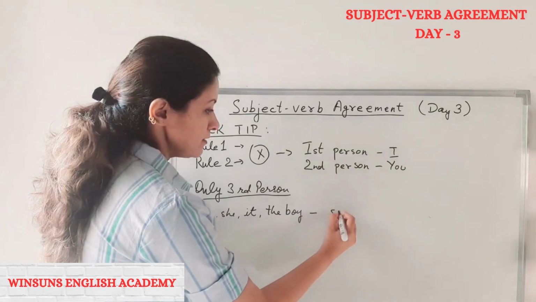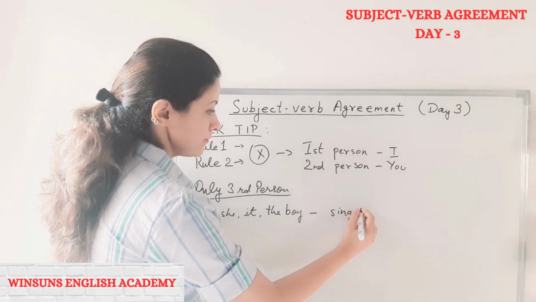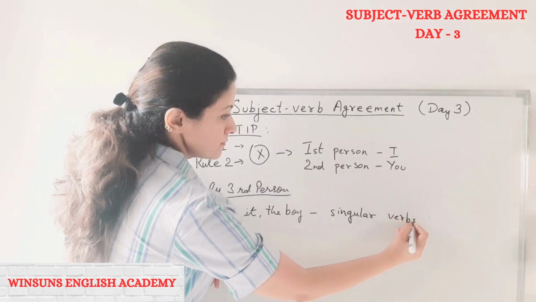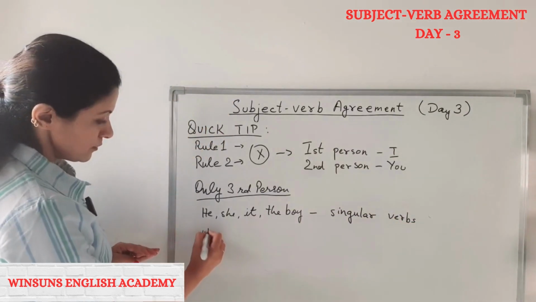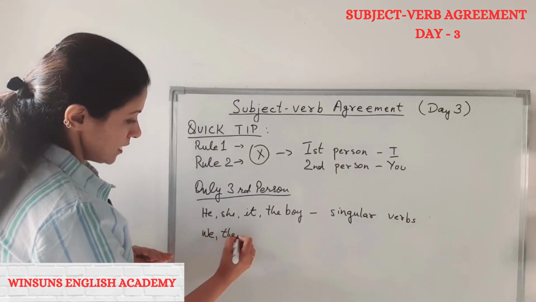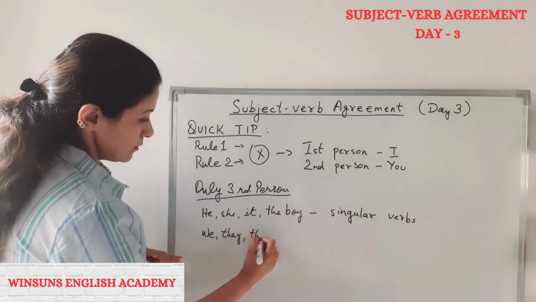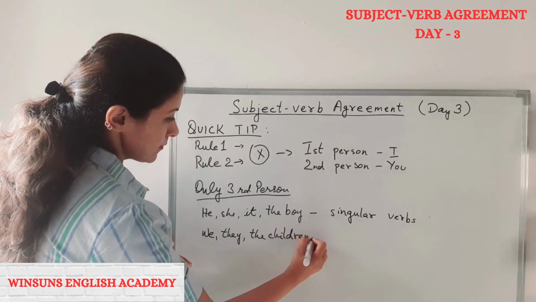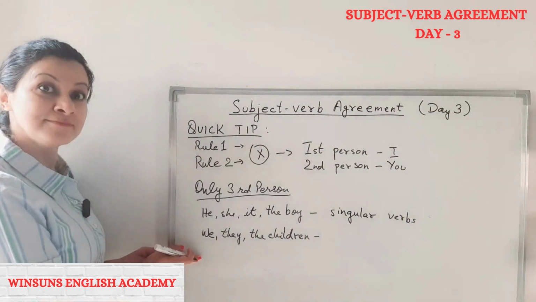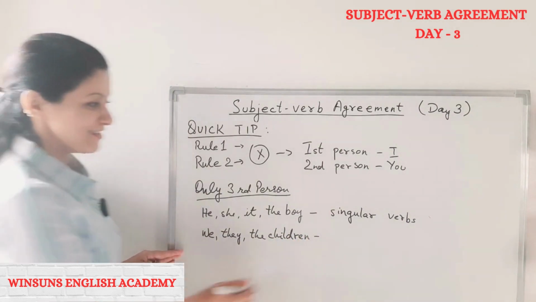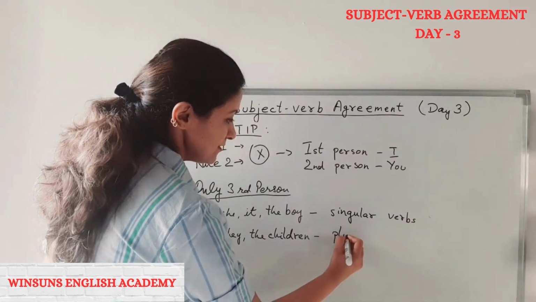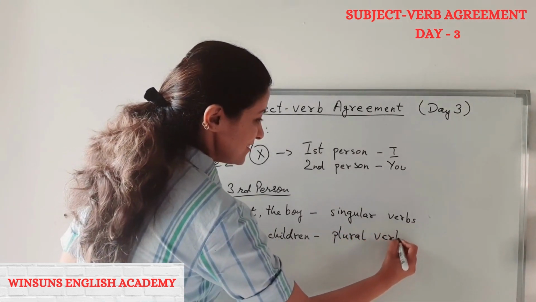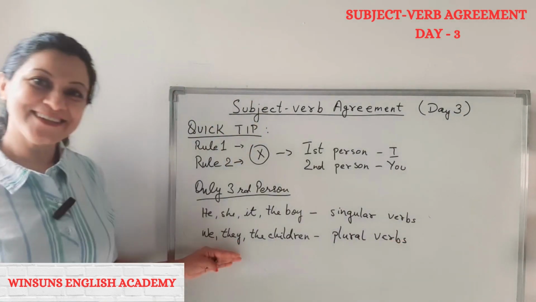So they will take singular verbs. Okay, next, we, they, the children, they are all plural forms, right? So they will take plural verbs. Easy peasy, right?